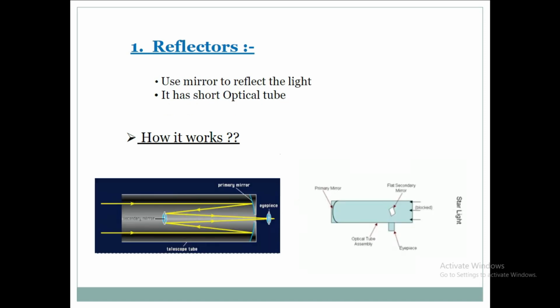Now let's discuss the second type, that is reflectors. They use mirrors to reflect the light at various angles within the optical tube and project the image in the eyepiece.